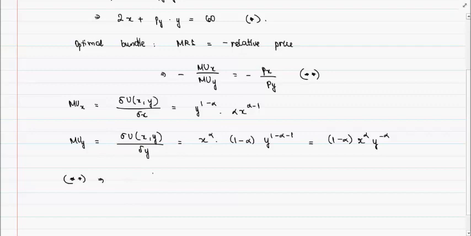So MUX is alpha x to the power alpha minus 1, y to the power 1 minus alpha, and MUY is 1 minus alpha, x to the power alpha, y to the power negative alpha. It's going to be equal to the price ratio, which is 2 on py, that is px on py.